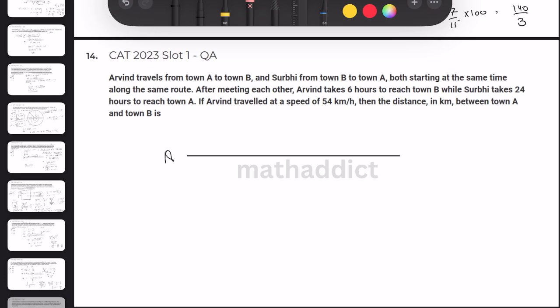So let's say this is town A, this is town B. Arvind goes from here to here, Surbi goes from here to here. Let's say they meet at this point. From this point onward, Arvind takes 6 hours and Surbi takes 24 hours.